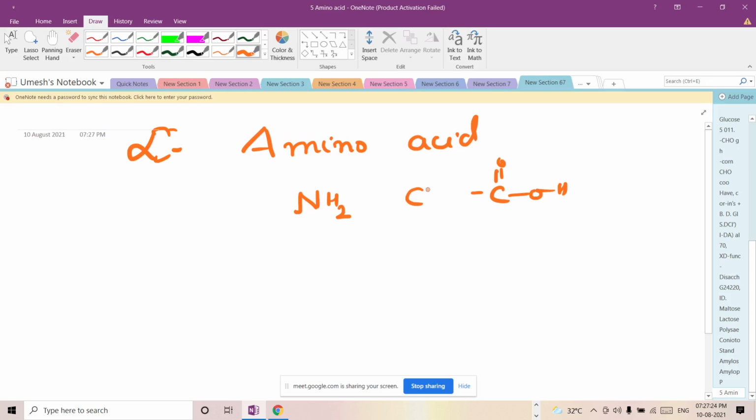The next carbon atom is here, and on the alpha carbon atom I have an NH2 group, and here it can be any R, any long chain, any branched chain, any cyclic, any benzene. This is called an alpha amino acid. The amino group at the alpha position of the carboxylic acid, so we call them alpha amino acids.